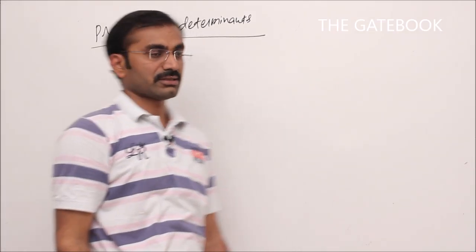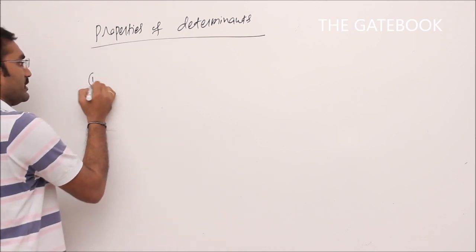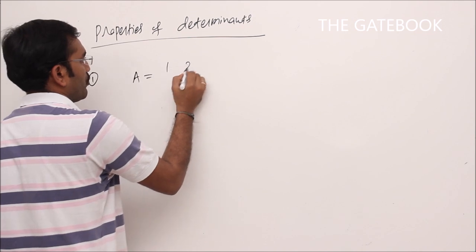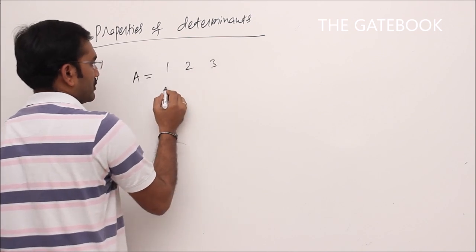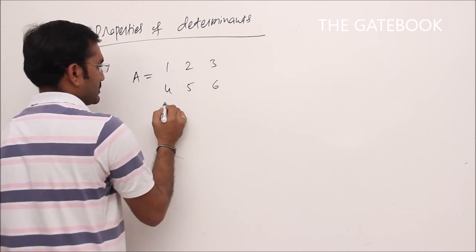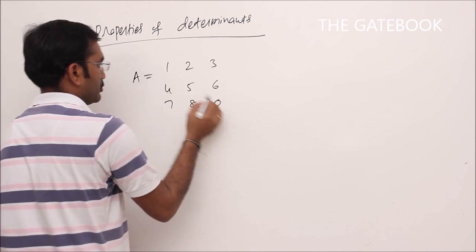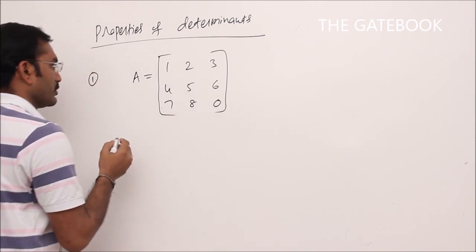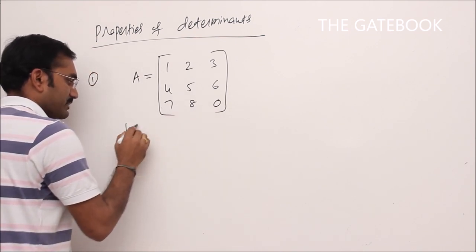Properties of determinants. For example, take the matrix A equal to 1, 2, 3, 4, 5, 6, 7, 8, 0. Find the determinant of this matrix.